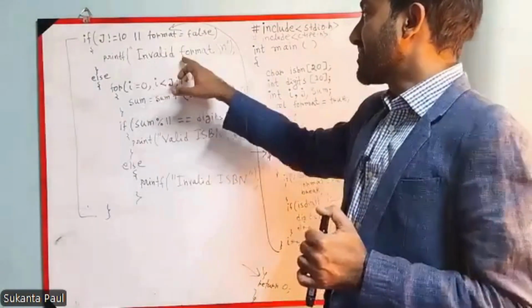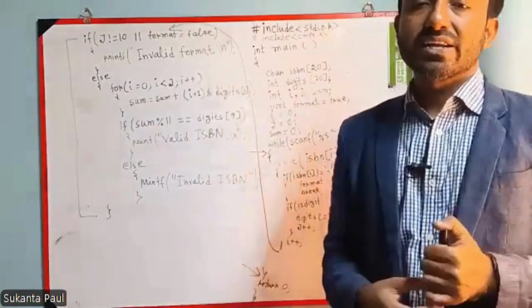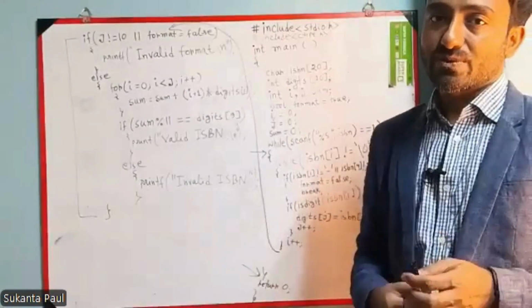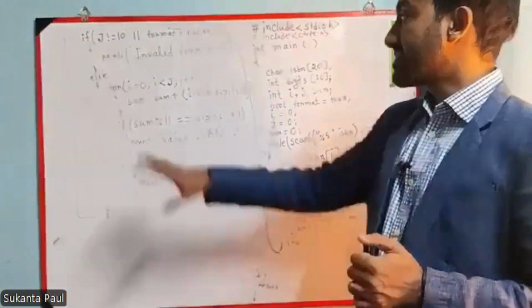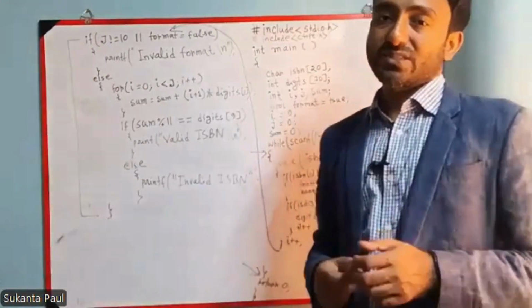If it is printing invalid format, the else portion will not be executed. It will just come here and the program ends. But when it is a valid format, this portion will be executed.